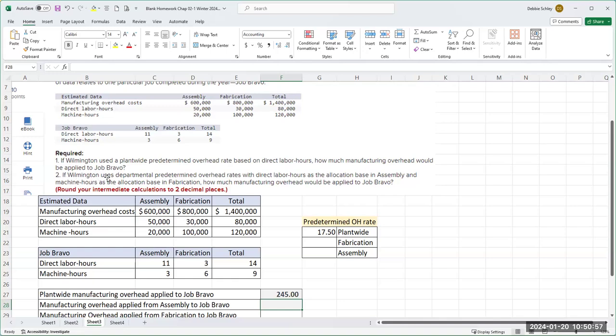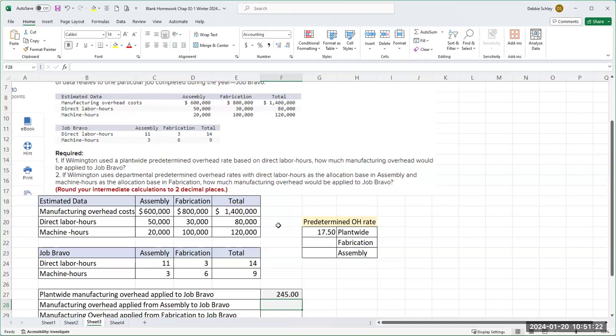Two, if Wilmington used departmental predetermined overhead rates with direct labor hours as the allocation base in assembly and machine hours as the allocation base in fabrication, how much manufacturing overhead would be applied to job Bravo?